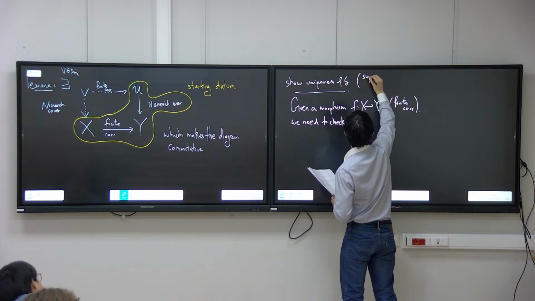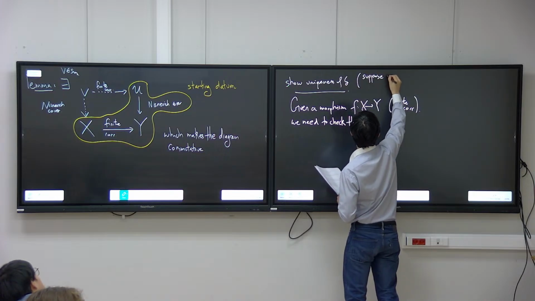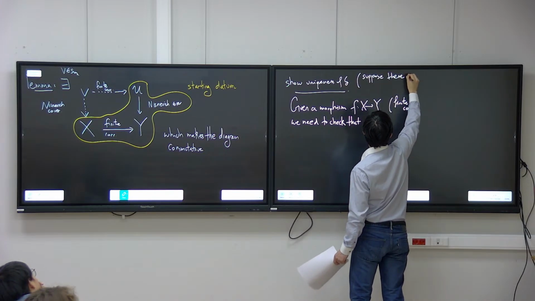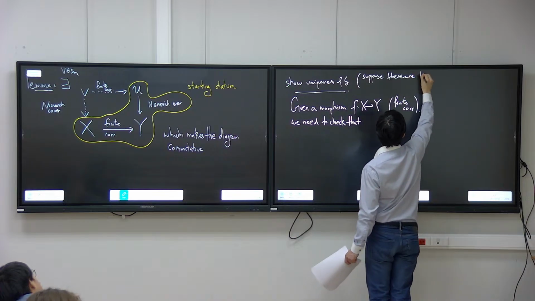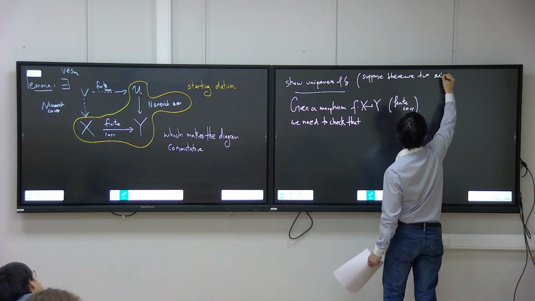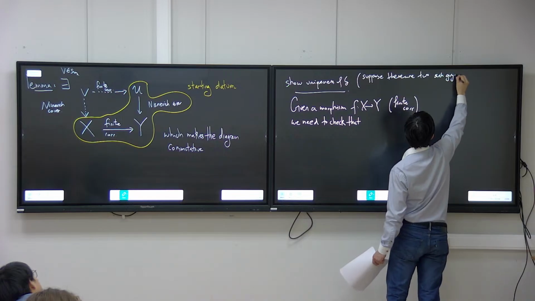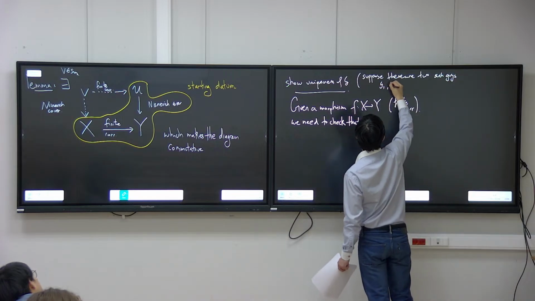suppose there are two such guys, G1 and G2.